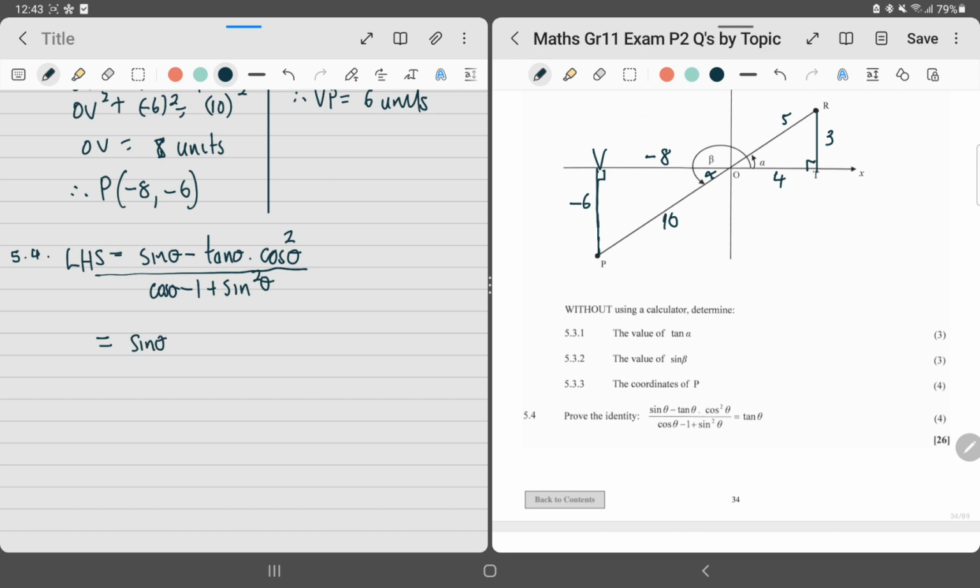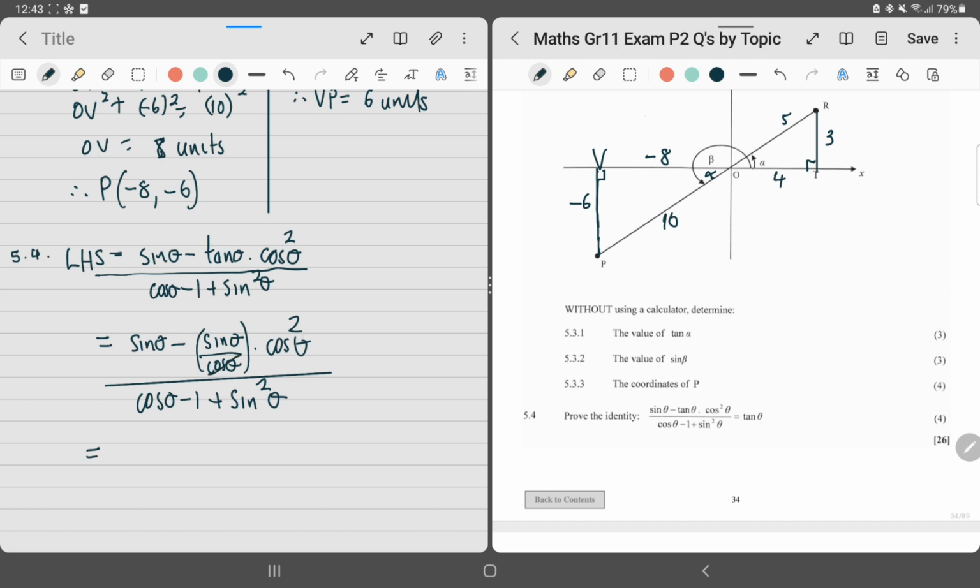This is sine theta minus sine theta over cos theta multiplied by cos squared theta. So I'm not sure what it is that I have to do in the denominator, so I'm just going to keep everything exactly as it is.